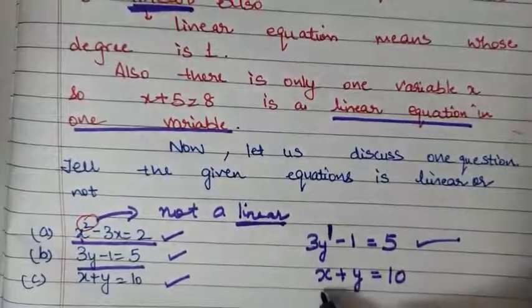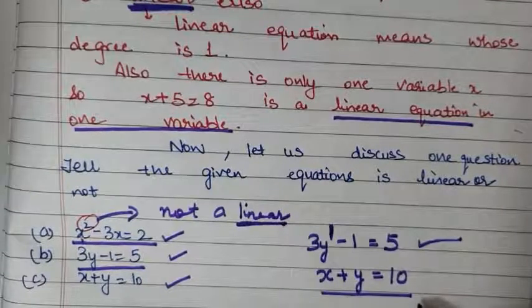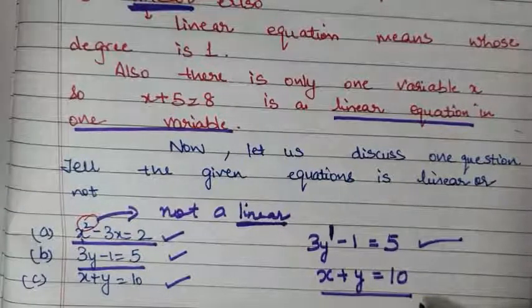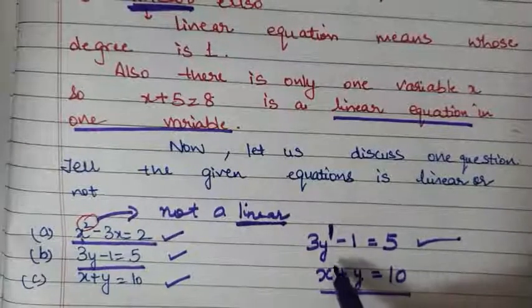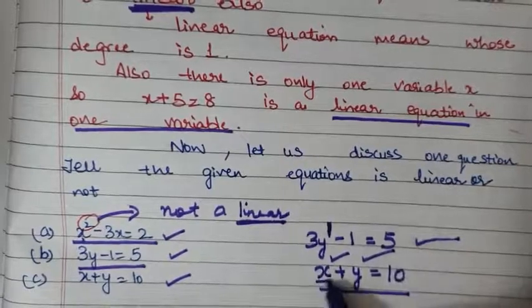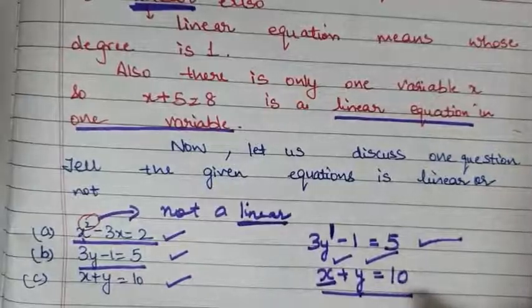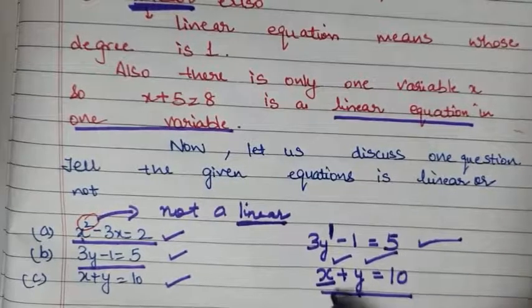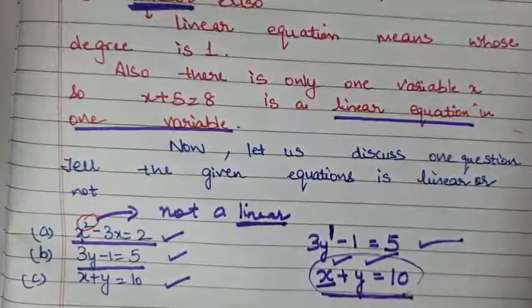Now this is also a linear equation, but in how many variables? Yes, there are 2 variables, that is x and the other is y. So we can say that this is a linear equation having 2 variables.